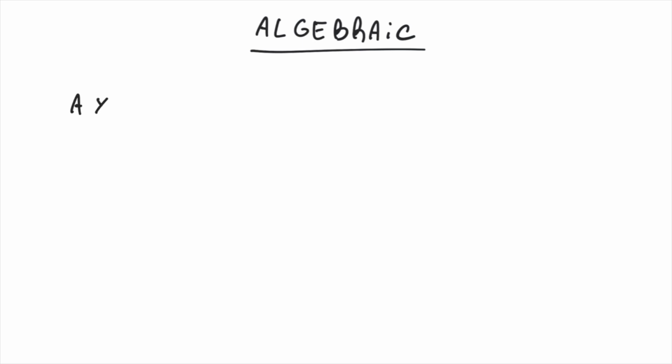But there's also the algebraic representation of a line. So a line in 2 dimensions can be thought of as the solution to an equation of this form, where every point in the line satisfies this equation. This has advantages and disadvantages.